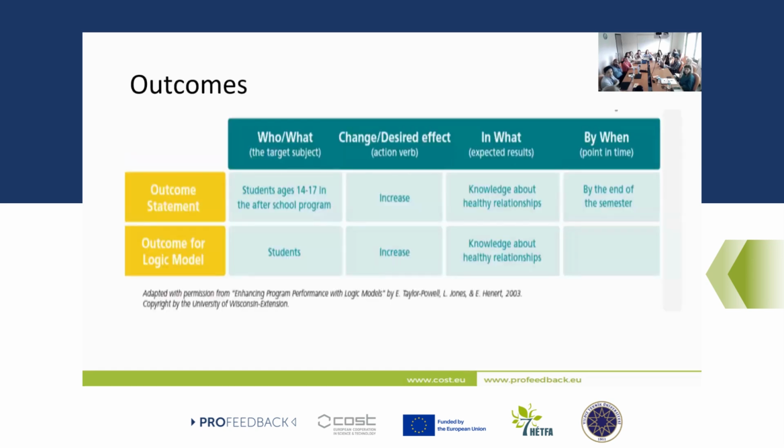Outcome statement: students ages 14 to 17 in the after school program. This is the student. Change: increase knowledge, in what? By the end of the semester. So it's also a little bit to be able to have a clearer picture of this.